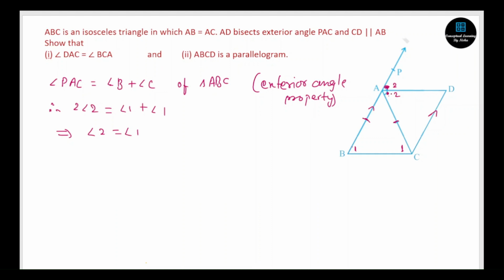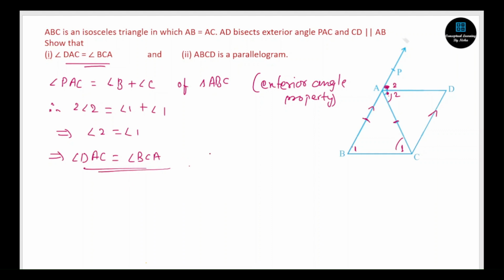Now look here. This equals this means what? They are alternate angles, right? So this implies angle DAC equals angle BCA. See, we had to prove this and we proved it, right?